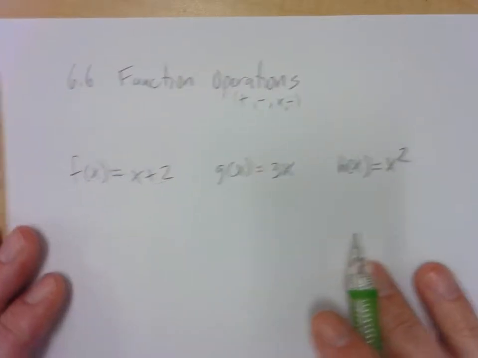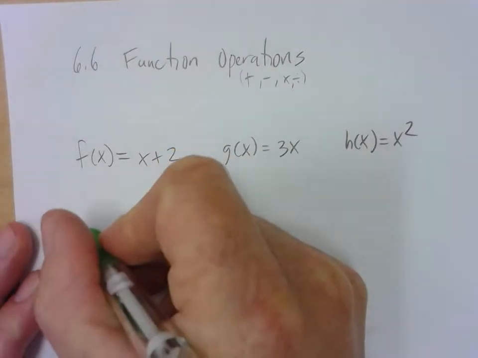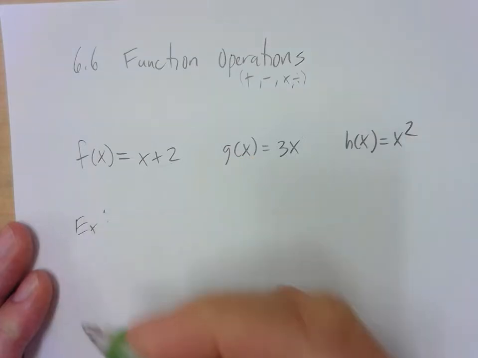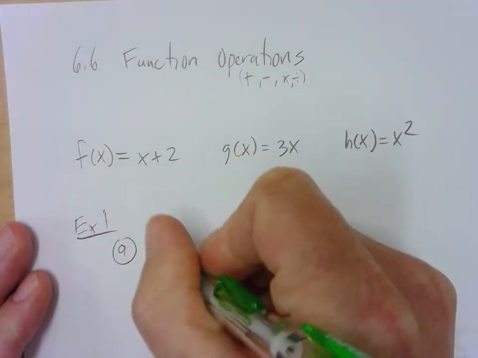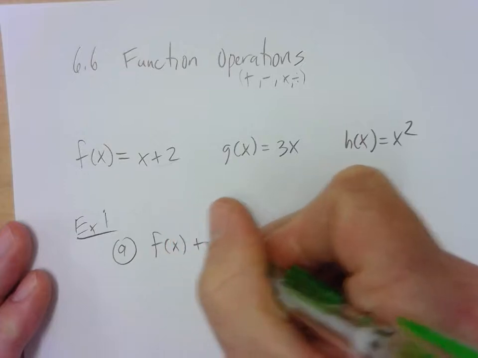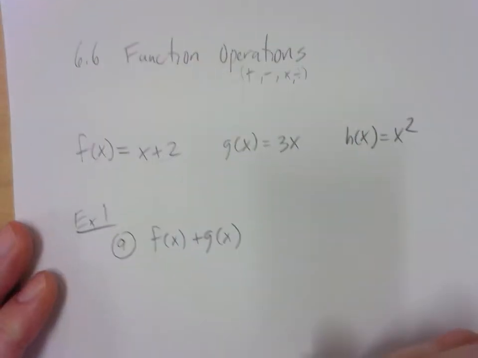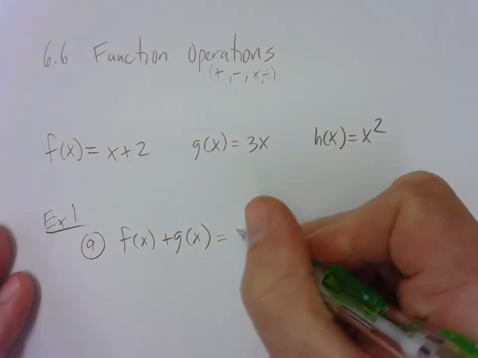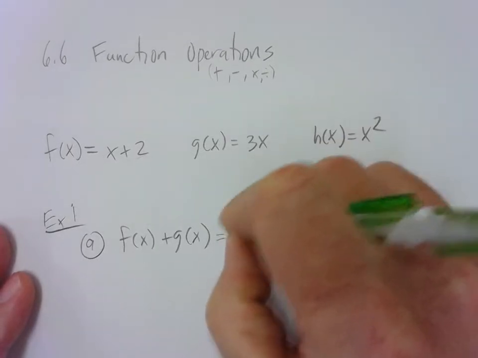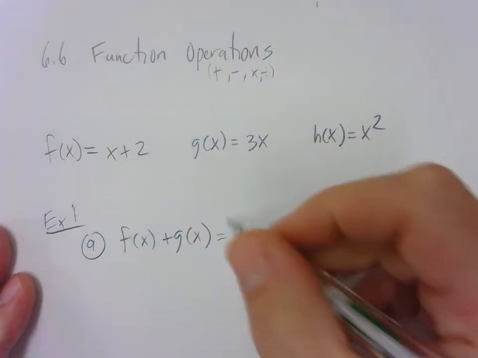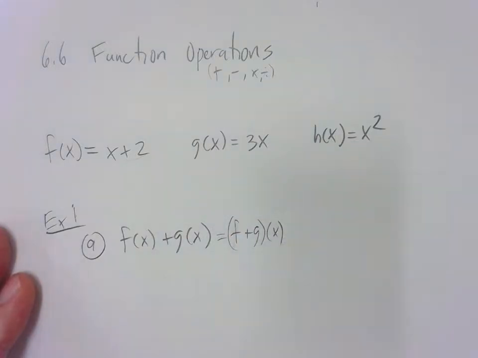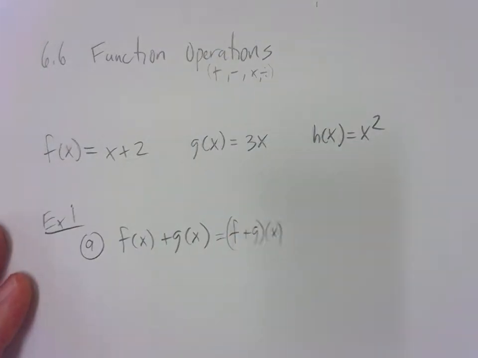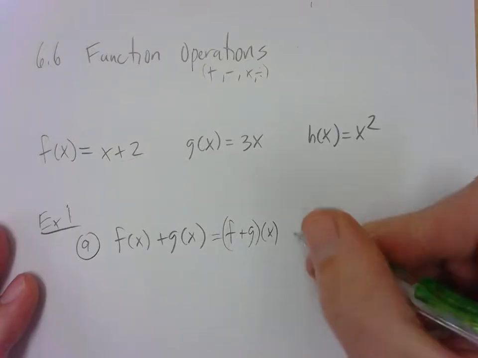So for function operations, example 1a, whoops, I broke my pencil lid. We're going to add f of x plus g of x. And that can look another way. You could also write f plus g of x. So basically it means I'm just adding the two functions together, and these are two different ways to look at it in the book.